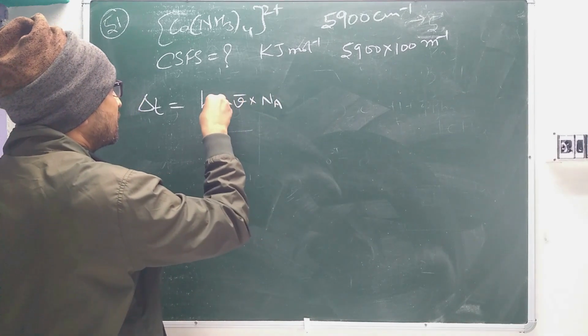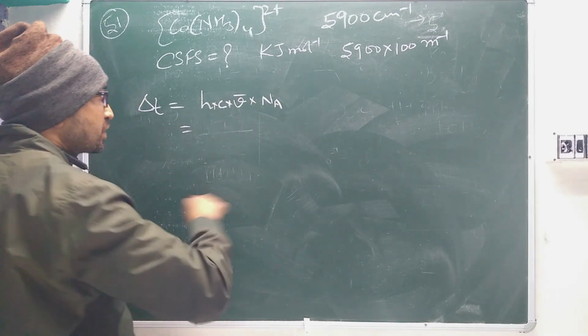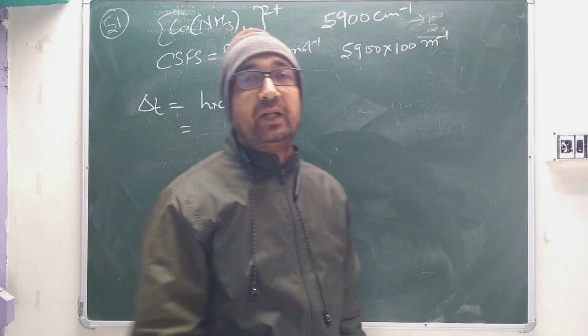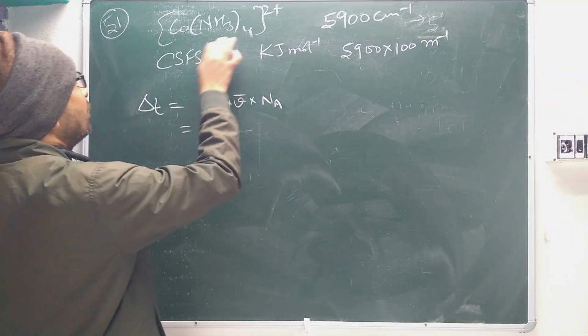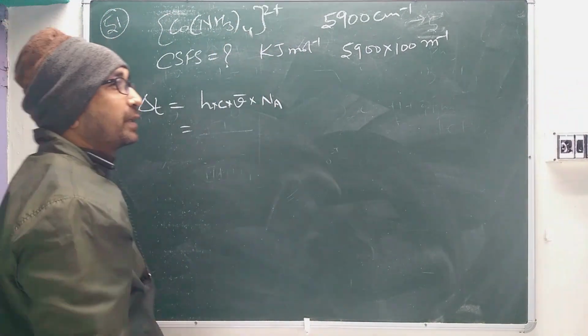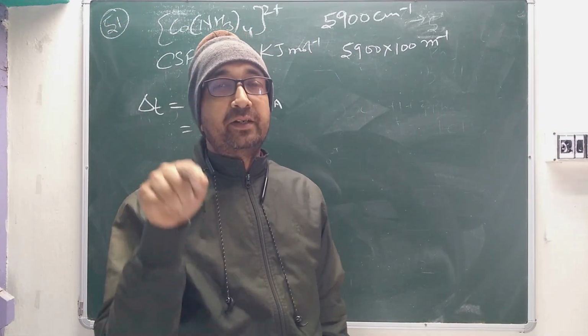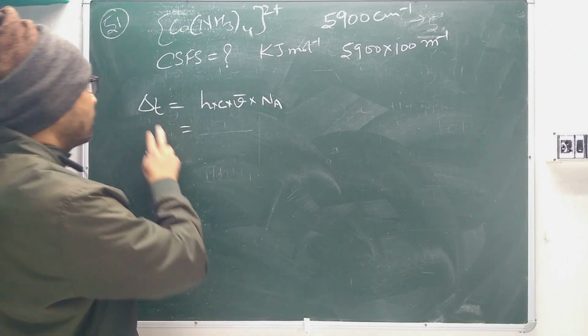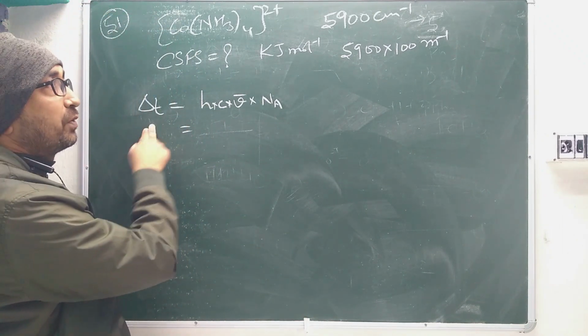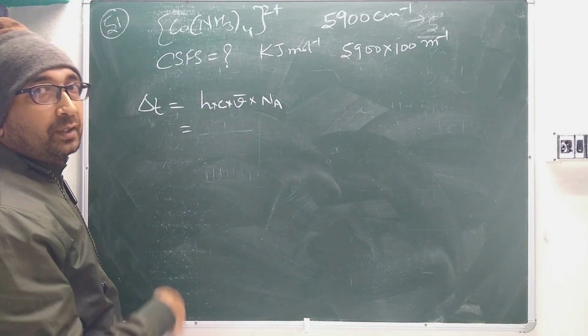So we write the values and calculate, and then we find the CFSE value, because we are multiplying with delta tetrahedral, correct?